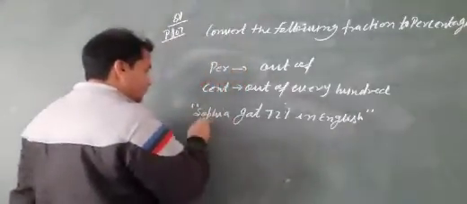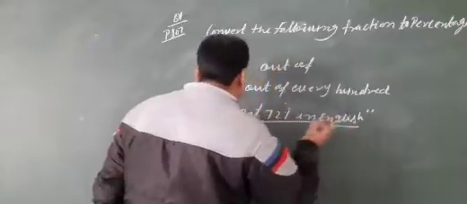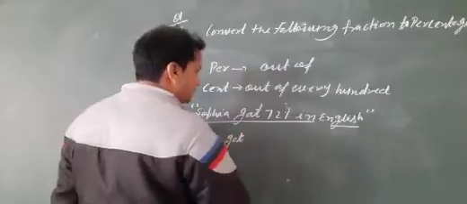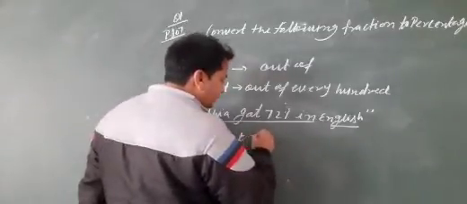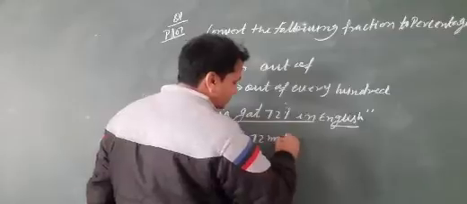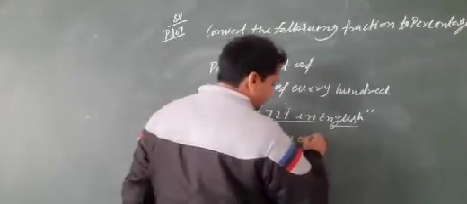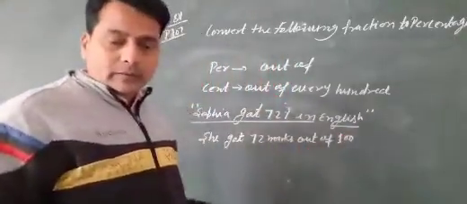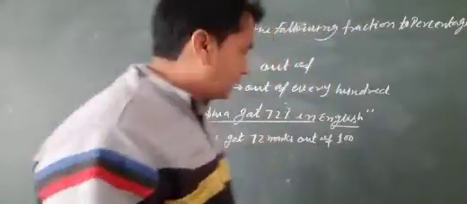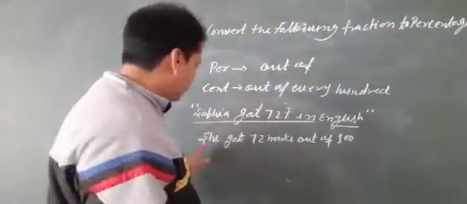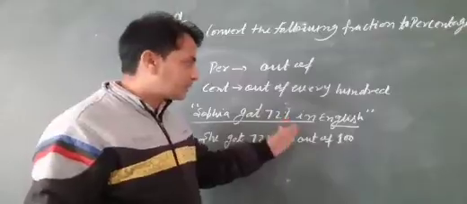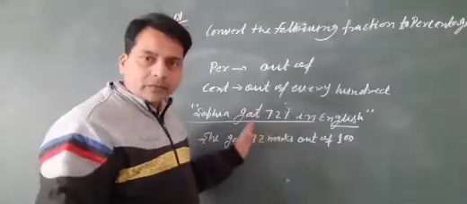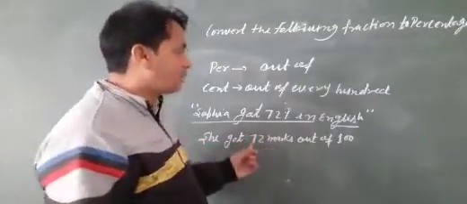So this statement refers to her getting 72 marks out of 100. This is the meaning of the statement: Sophia got 72 percent marks in English, which means she got 72 marks out of 100.